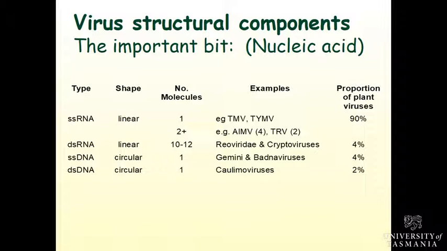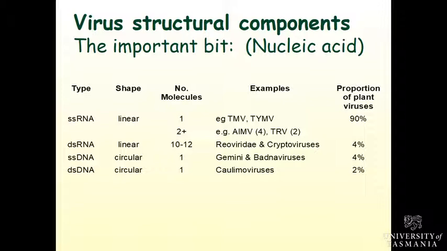But if you look at the genome, the nucleic acid, by far the majority of plant viruses have a single-stranded RNA genome. So a linear, single-stranded piece of RNA. 90% of all viruses are like that. Usually it's a single molecule, sometimes they split it into multiple molecules.